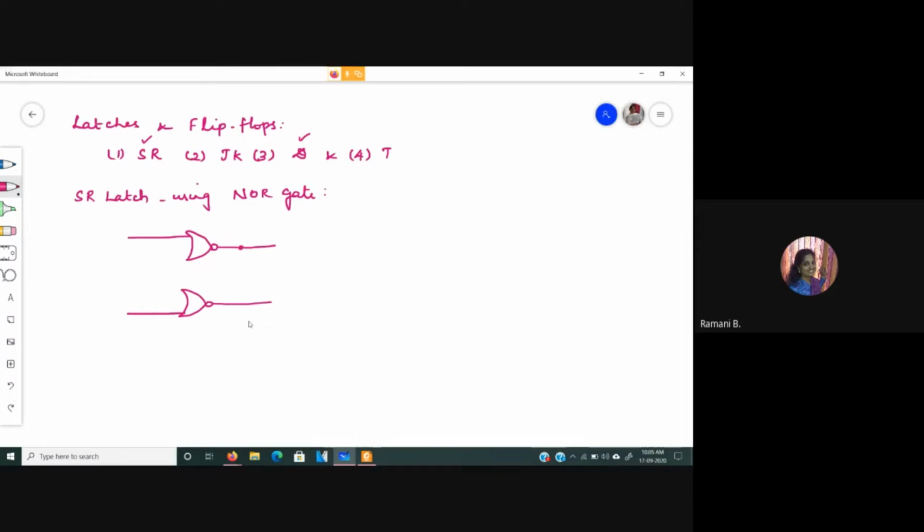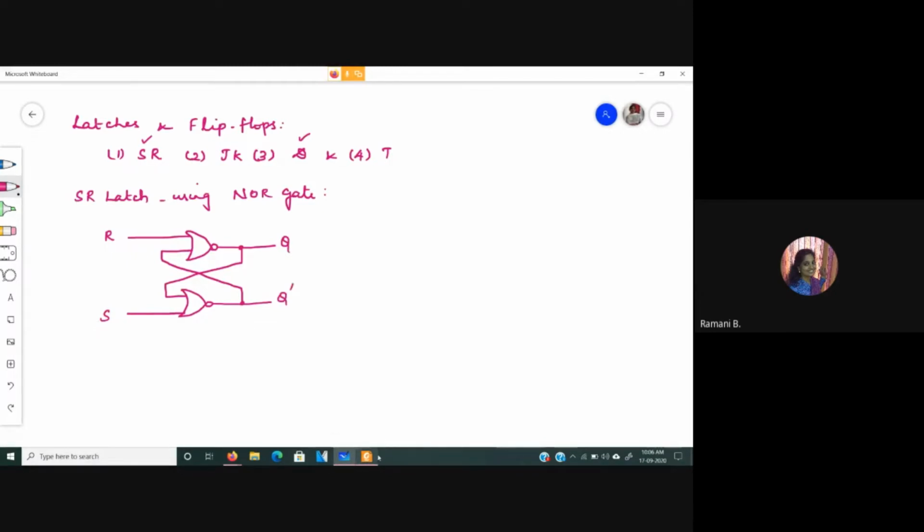So this output is connected as one of the inputs to this one, and this output is connected as one of the inputs to this gate. So this is R, S, Q and Q bar.